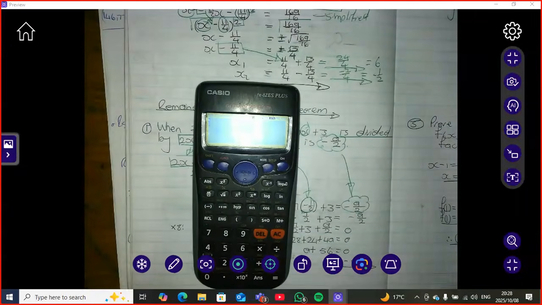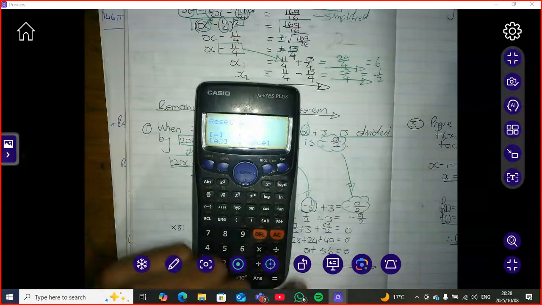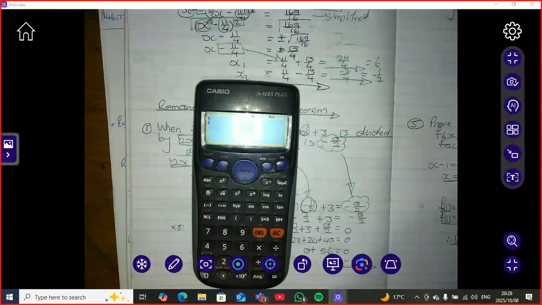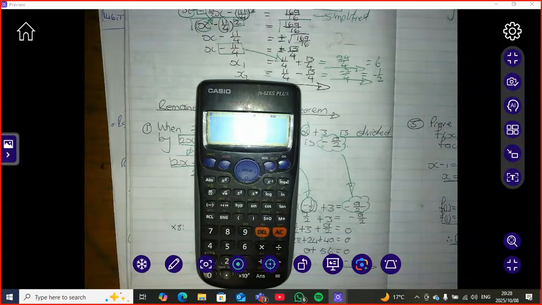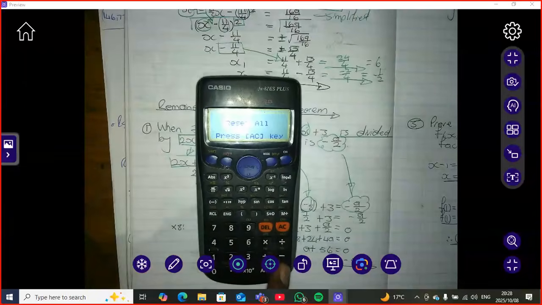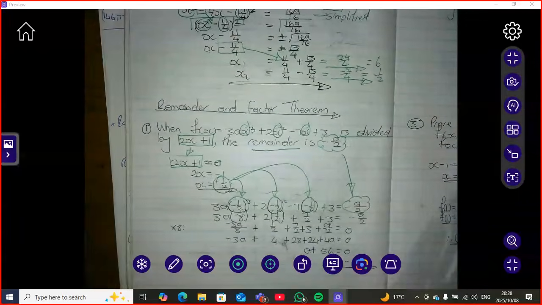Always make sure that you clear your calculator before any paper, because I've seen even myself calculate something and get a different answer when calculating it later on. You press shift, clear, number 9, then 3 for all, then yes for equal. Calculator for everything we must simplify.